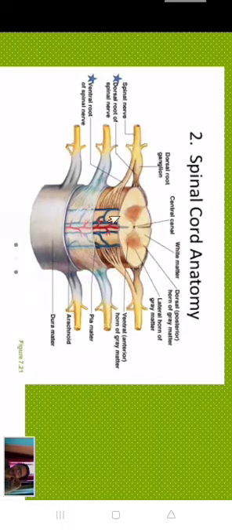These are the different levels. While we learn about the tracts, we have to draw these several segments. So please, in the next class, I will show you how to practice this drawing. This drawing is a must, because you have to draw these several segments of the spinal cord.